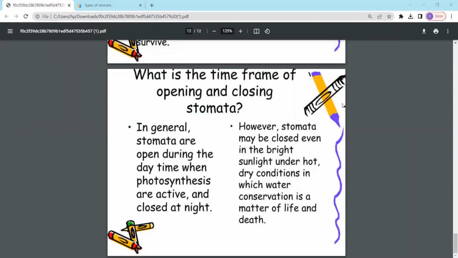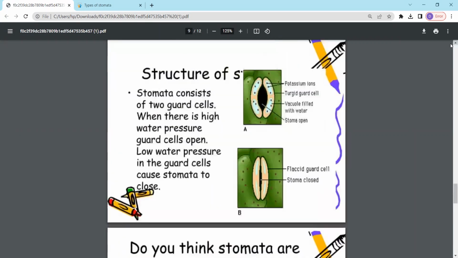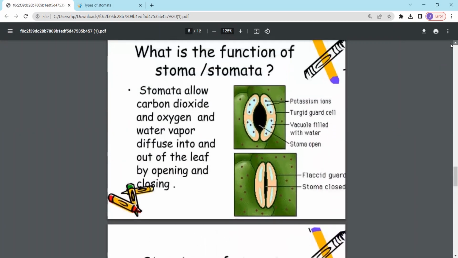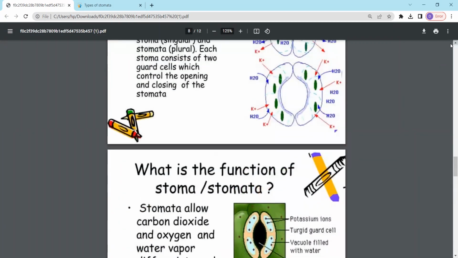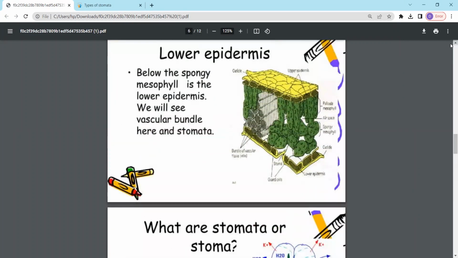Sir, is the screen visible? It is visible, Madam. Okay, sir.